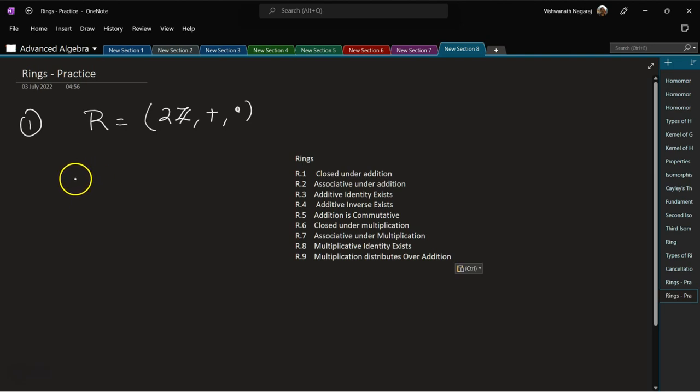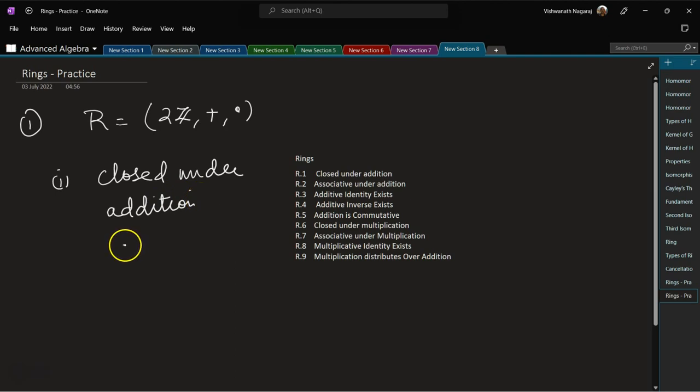Now, we know integers are closed under addition. So even numbers are also closed under addition. If you have to actually show it, you will take two elements, A is equal to 2n1, B is equal to 2n2, where n1 and n2 belong to the set of integers.